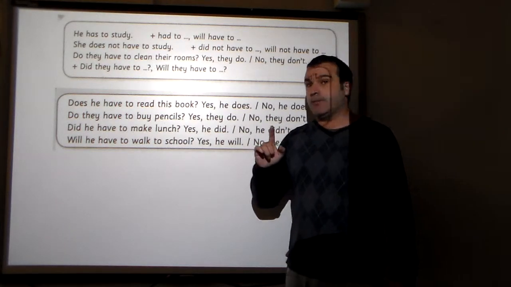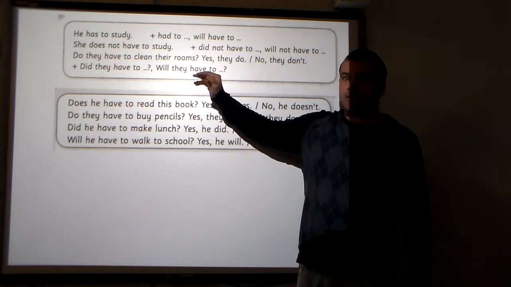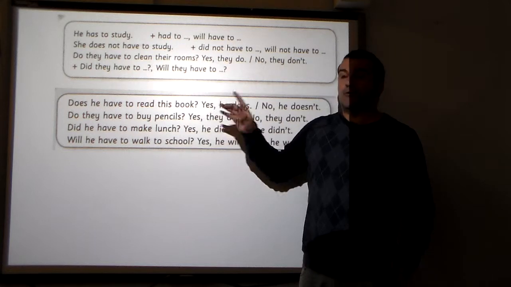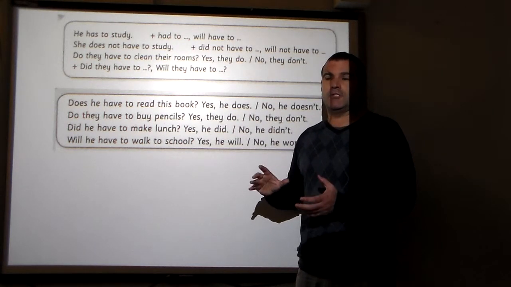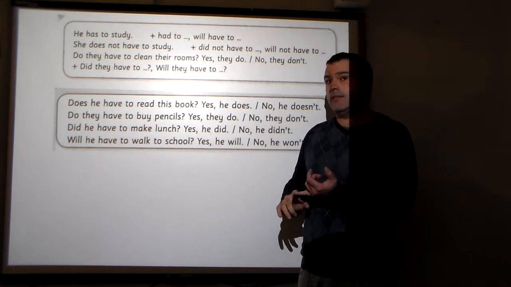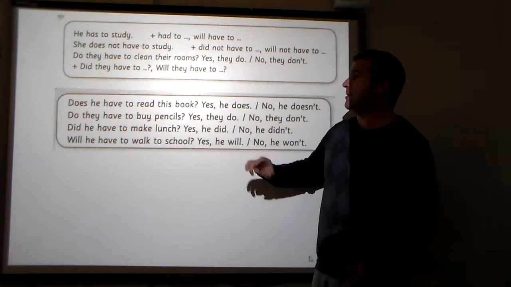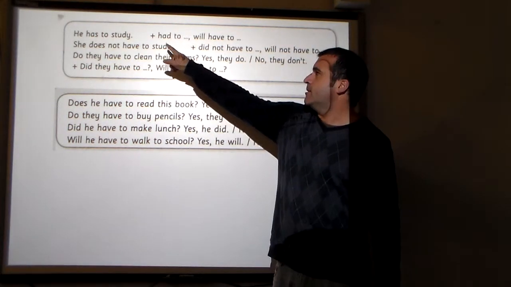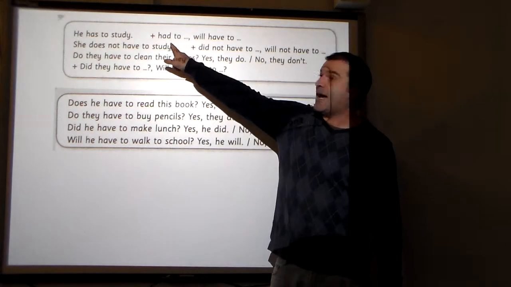But they also got to be capable of, according to the verb tense, changing the present tense in order to make the past, and they also have to be able to transform them into the future. So, he has to study. In order to make it into the past, has becomes had.